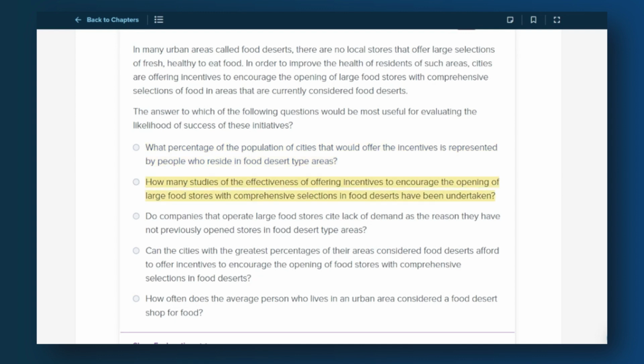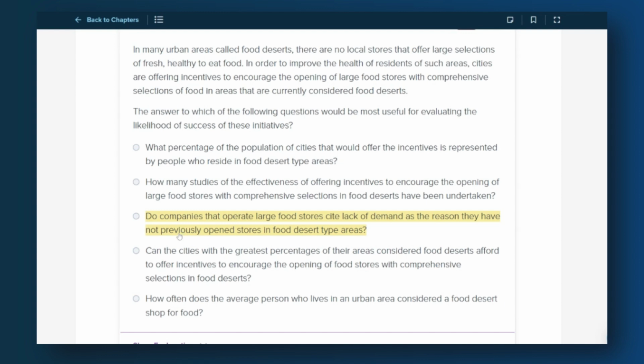B, how many studies of the effectiveness of offering incentives to encourage the opening of large food stores with comprehensive selections in food deserts have been undertaken? This answer runs into the same problem. Whether there have been 0 studies or hundreds, it doesn't change how successful this plan will be. What the studies say might be helpful, but this answer is only about the number of studies, so it is useless.